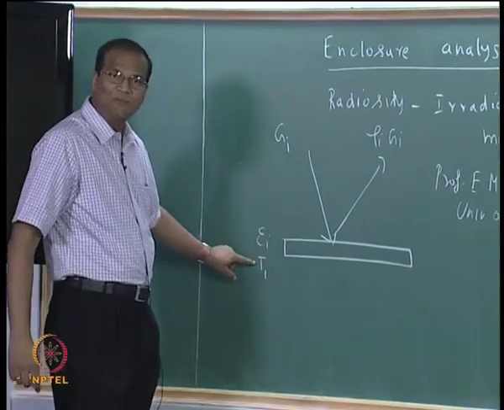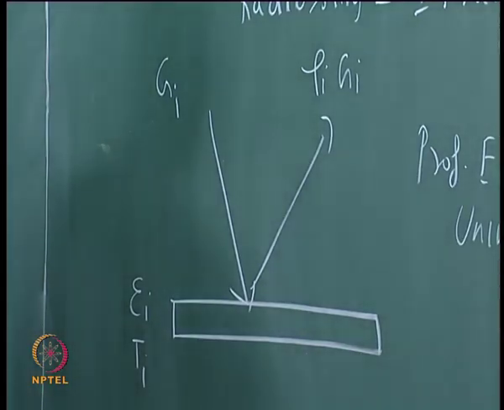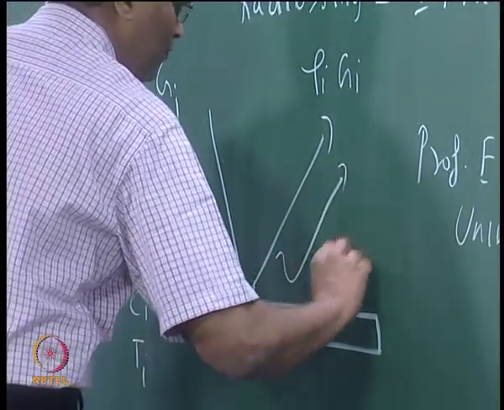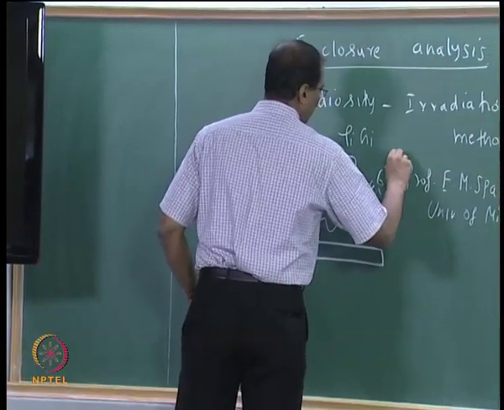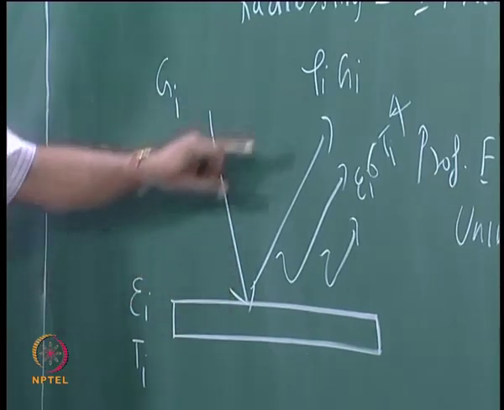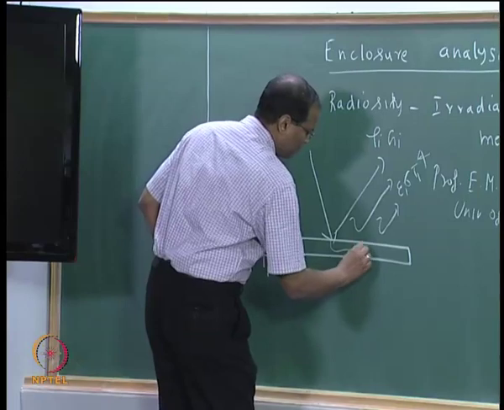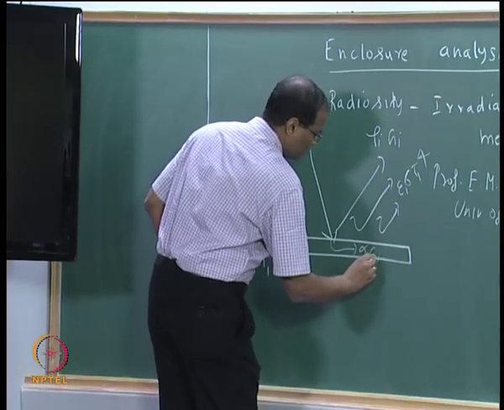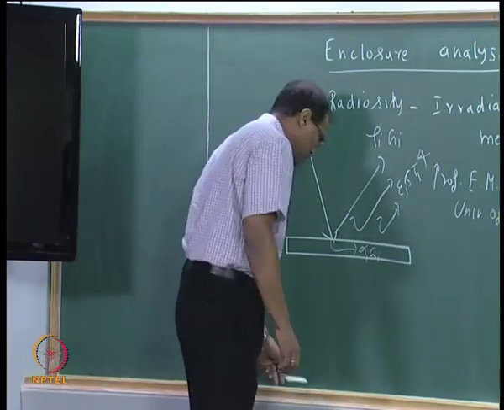Because this surface is at a temperature greater than 0 Kelvin, it will also emit. Out of the incoming radiation Gi, a certain portion is reflected, a certain portion will be absorbed, alpha i Gi, and epsilon i sigma Ti to the power of 4.